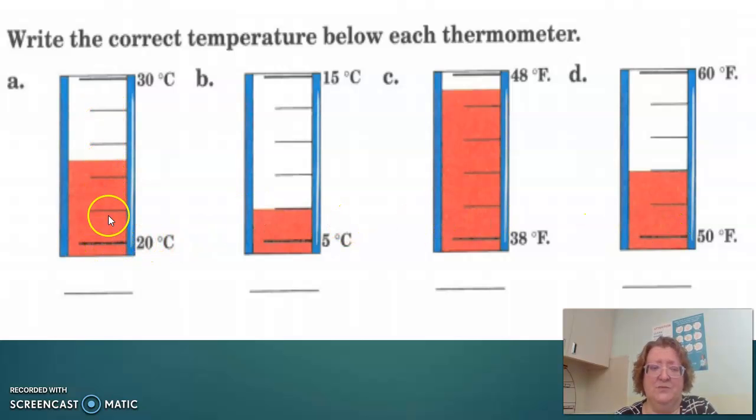So let's just do this one together and the rest of them you will do on your own. So let's begin. 20, 22, 24, 26. Oh, it can't be 26. It doesn't go all the way to 26. So it comes between 24 and 26, which would make this thermometer what temperature, class?